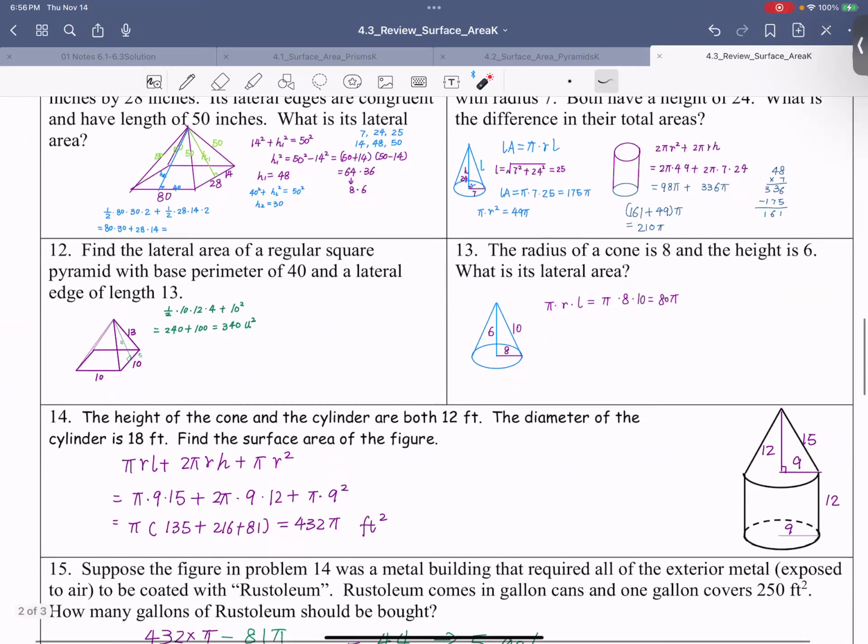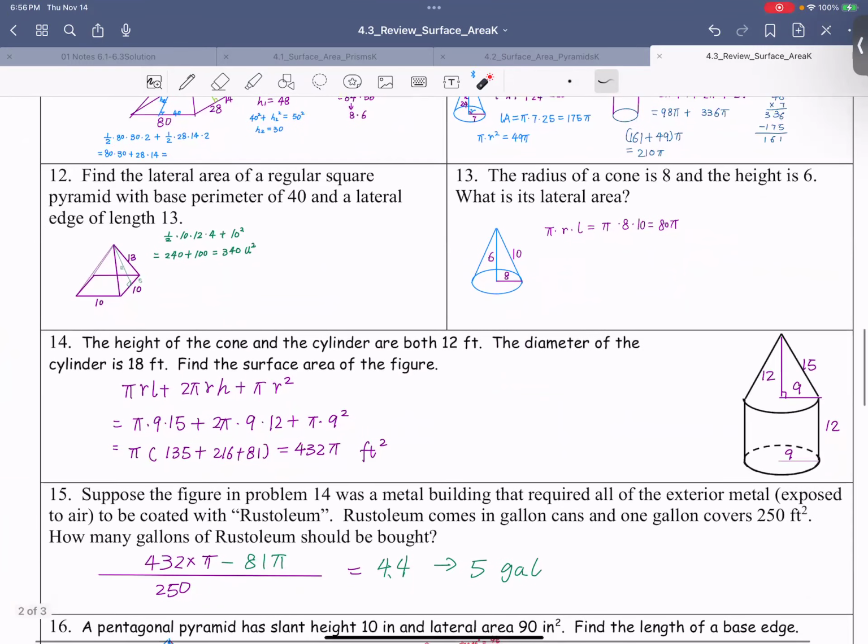Number 14 is this kind of composite shape. They have a cylinder, and on top of the cylinder is a cone. And they ask you the surface area of this composite figure. You should keep in mind, you don't calculate this circle twice, because it is not on the surface.